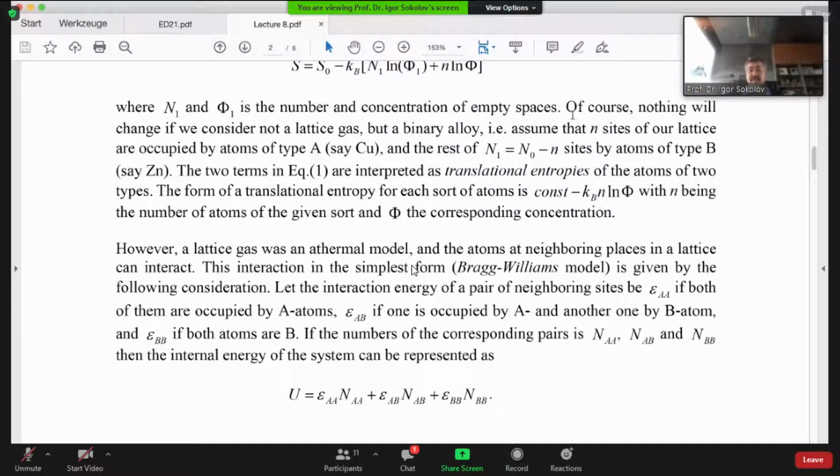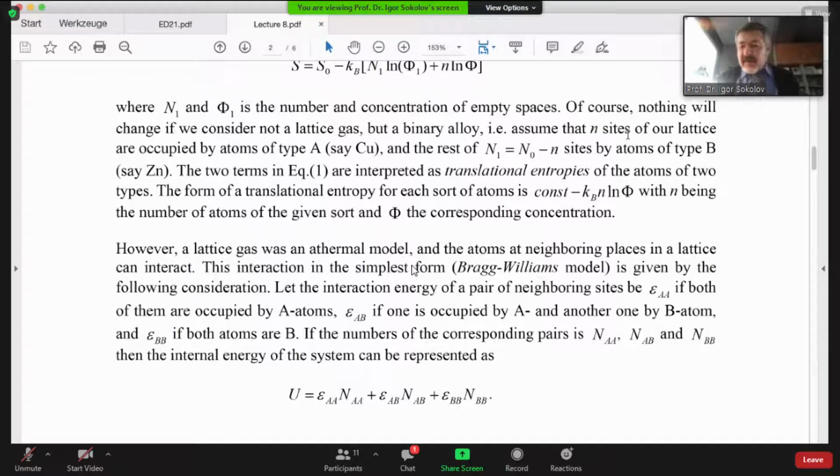The rest is the same, but the interaction energies in the lattice gas were absent because empty places do not interact anyhow, and the atoms of the gas were not considered to attract or repel each other if they are neighbors. They were only considered not to be able to occupy the same site, which is a pure excluded volume interaction. But you can also introduce the interaction there, then it will be, so to say, a lattice real gas. Okay, interesting. Thank you.